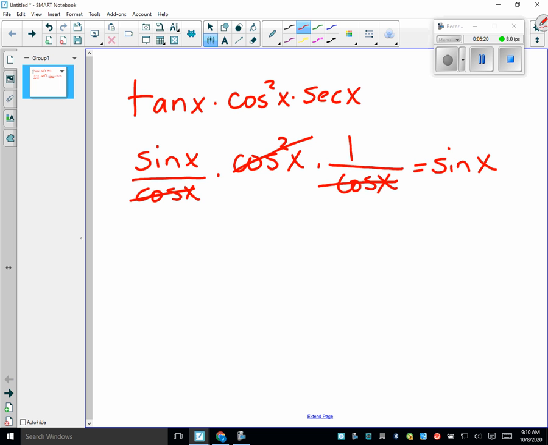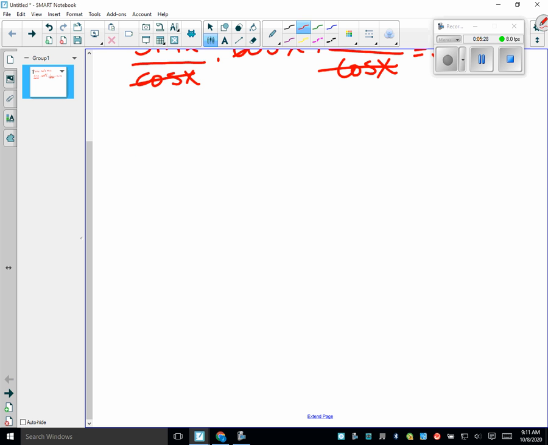All right. This is a harder one. I have cosine theta over sine theta plus sine theta over 1 plus cosine theta.